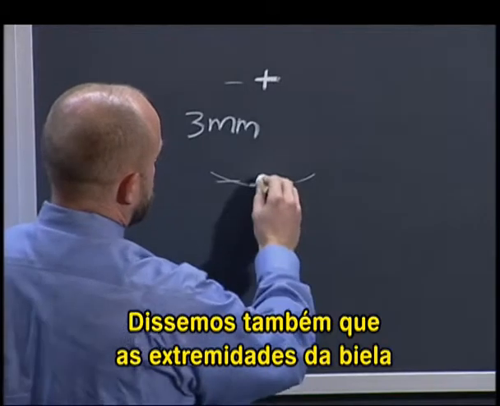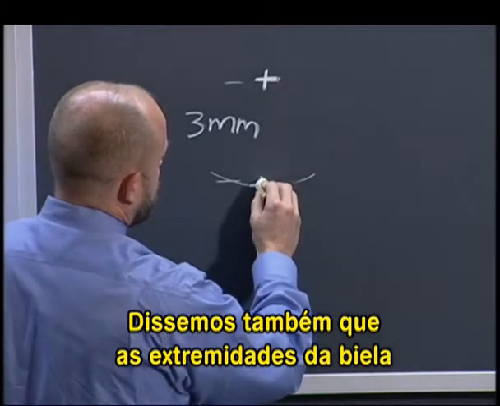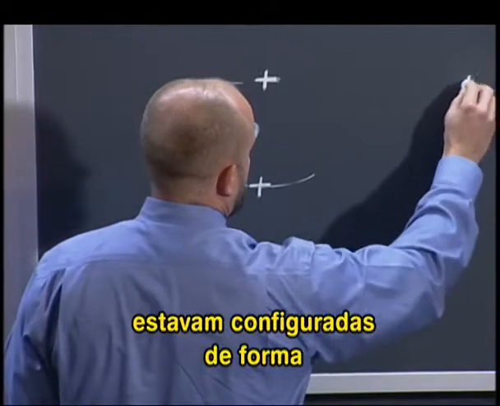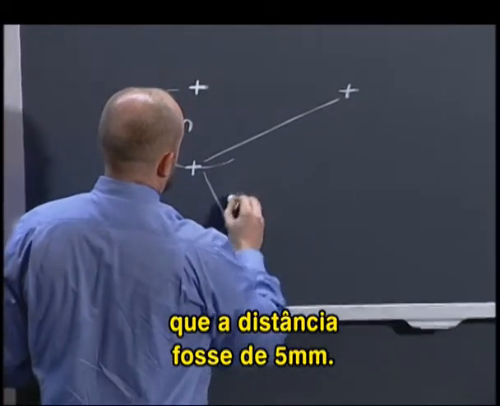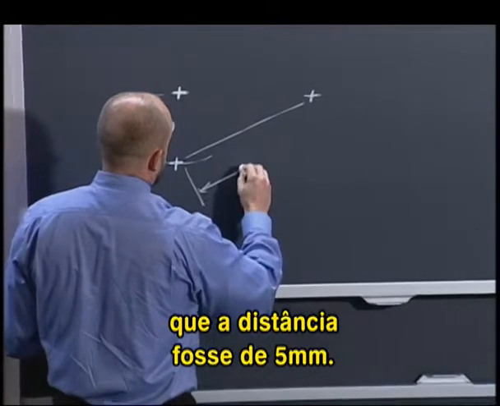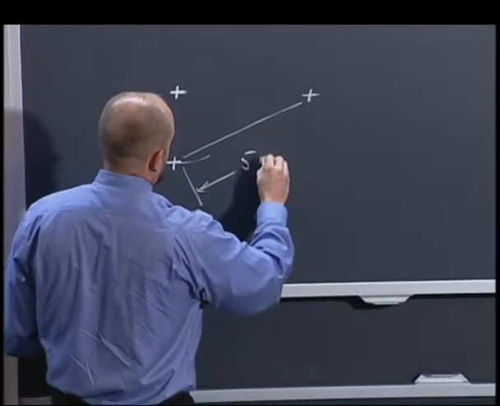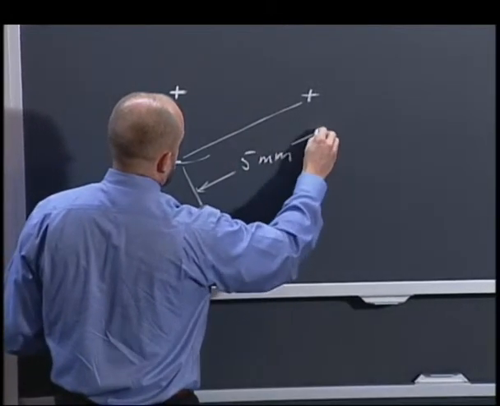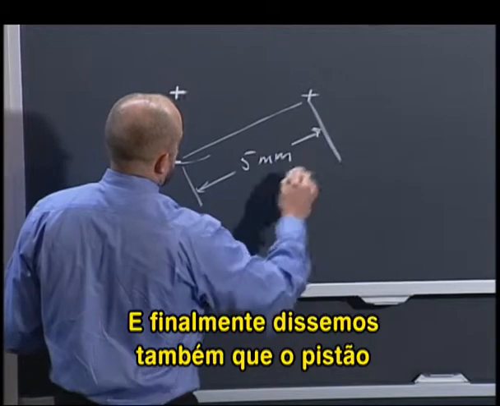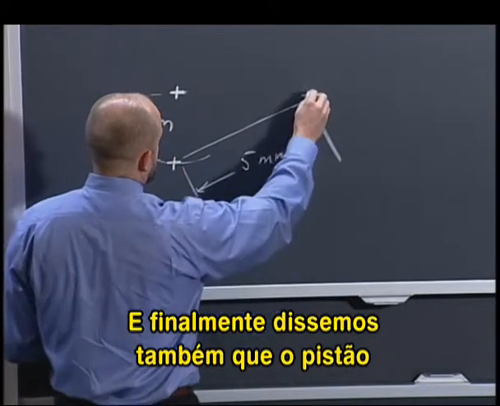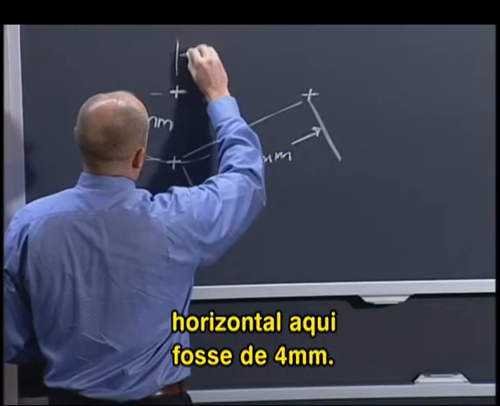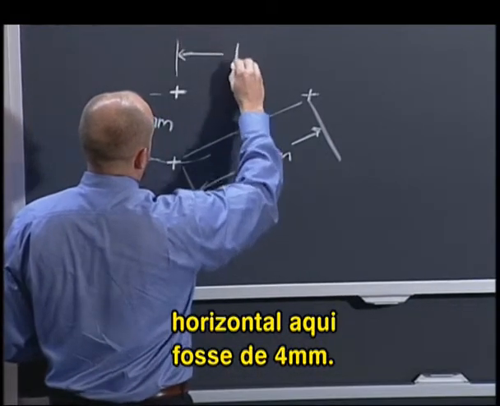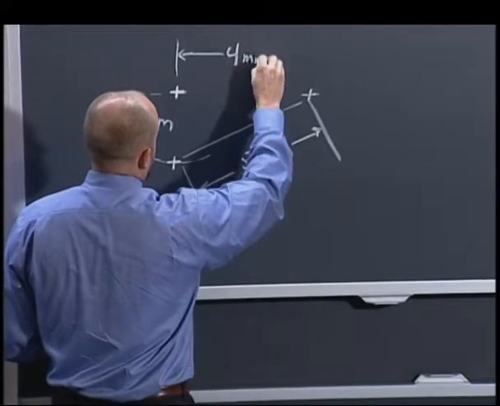Then we further said that the connecting rod, its two ends, were configured so that there was a distance of 5 millimeters. And finally, we also said that the piston was configured so that the distance horizontally here was 4 millimeters.